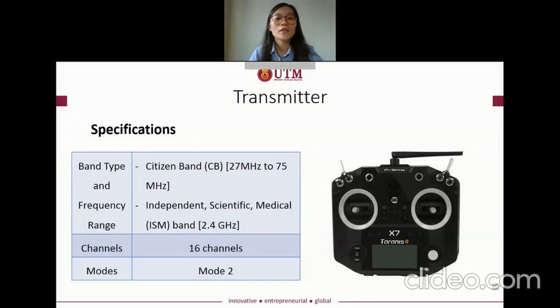The 2.4 GHz system has much lower power consumption. For example, for the control range up to 250 meters, about 4 mW of power is consumed in 2.4 GHz system, whereas 35 MHz system consumes 759 mW of power. Last but not least, it requires a smaller antenna, which is 3 cm.